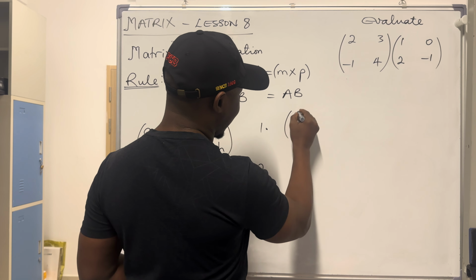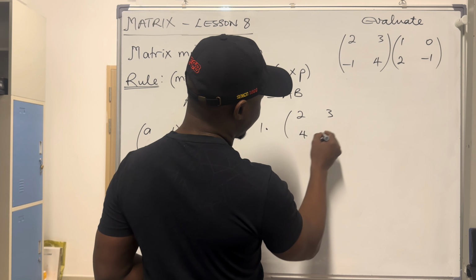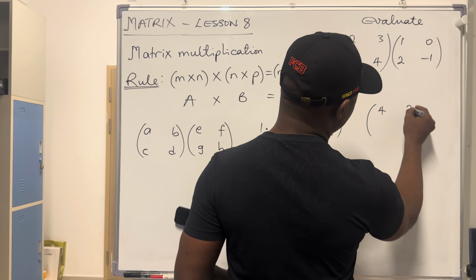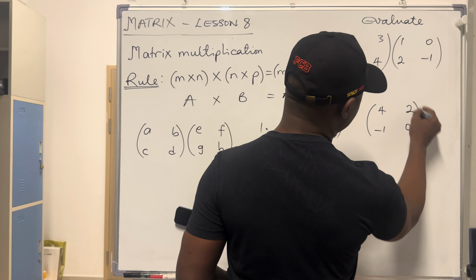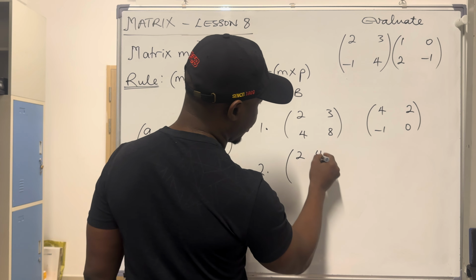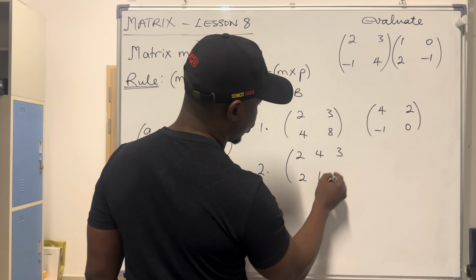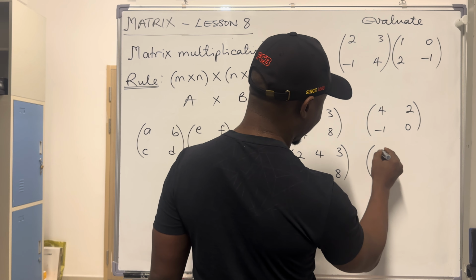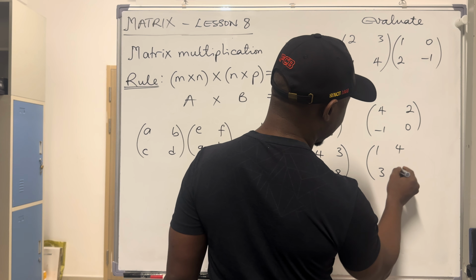Now let's say we have here 2, 3, 4, 8. We have 4, 2, minus 1, 0. Yes, 2, 4, 3, 2, 1, 8. Then we have here 1, 4, 3, 6.